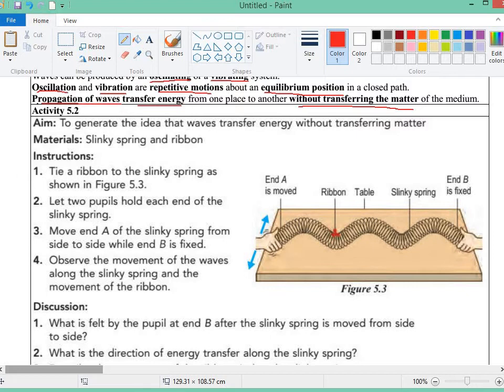So I want to take this time to show you the types of wave. This is a transverse wave. A transverse wave is when the oscillation is 90 degrees to the direction of propagation.